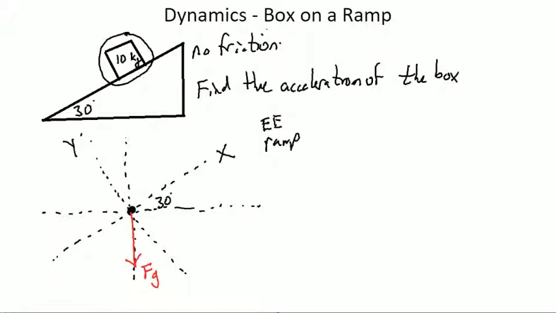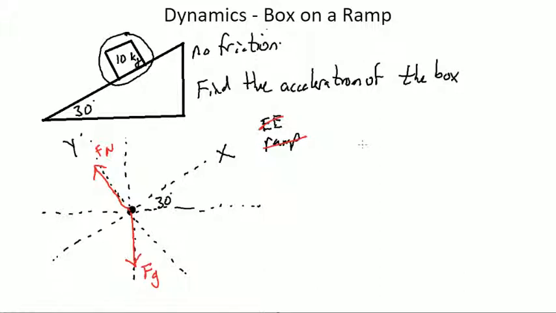Here's the surface. We want our normal force to be perpendicular to that. So there's my normal force up at this angle. Gravity's done, ramp is done, I'm fresh out of forces. So this is it.